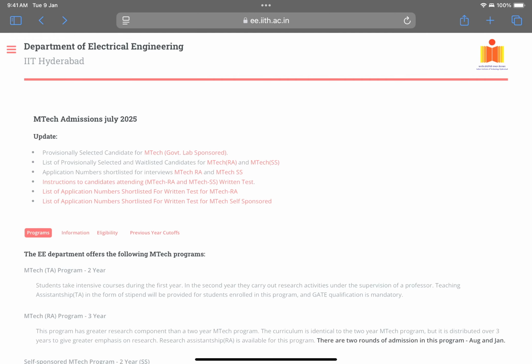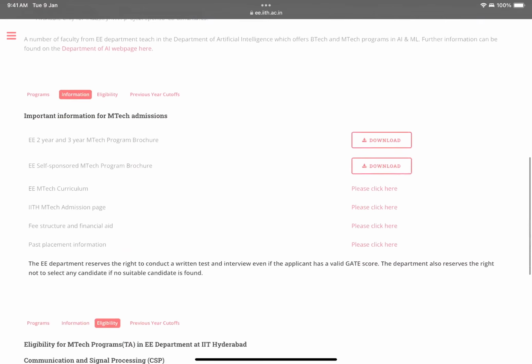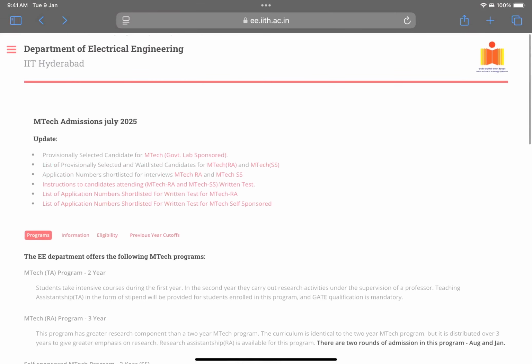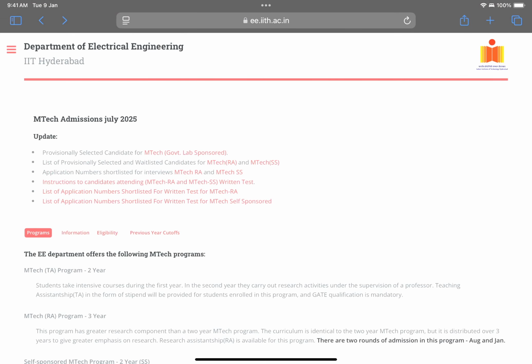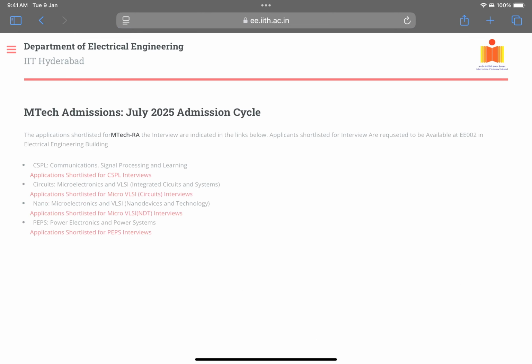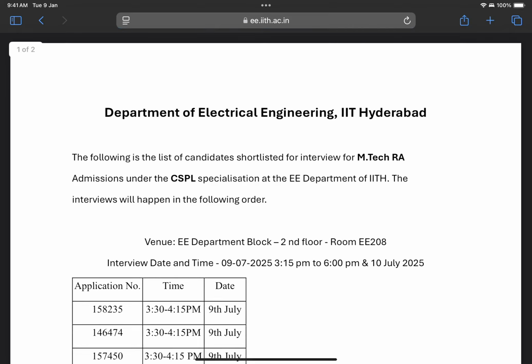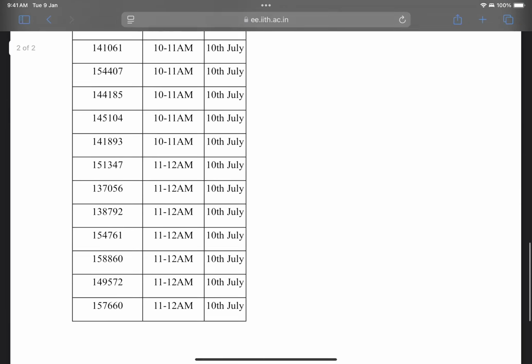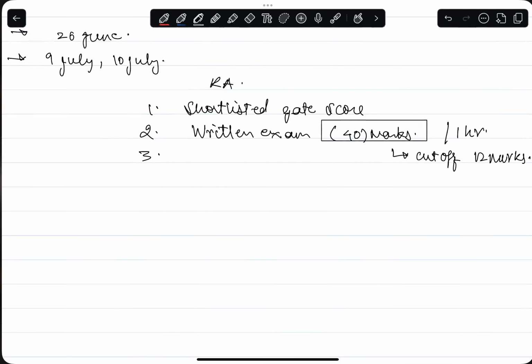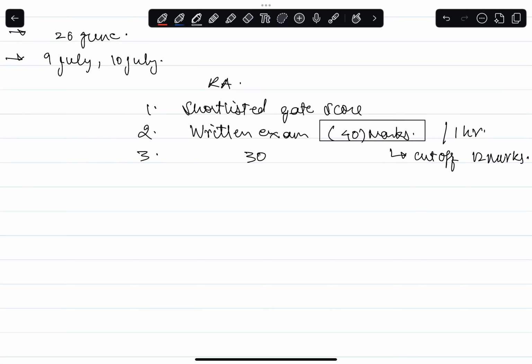Okay, and the number of people shortlisted for the interview, I'm not able to find it right now, but we can see from here that the number of people shortlisted for the CSPL interview was around 40 or 35. So 35 to 40 people were shortlisted from a bunch of 300 to 400, nearly 400 people.